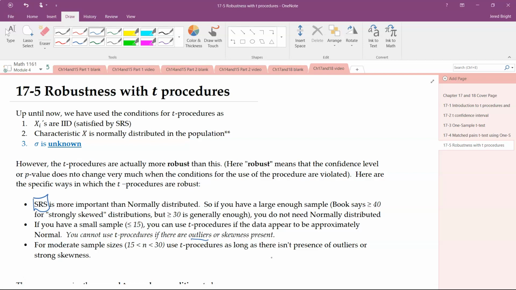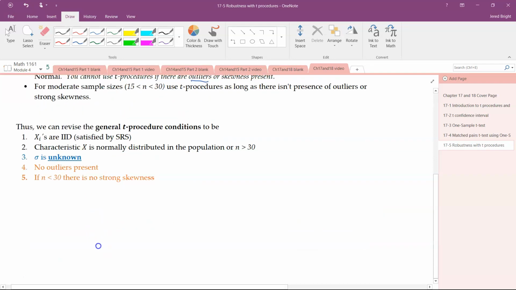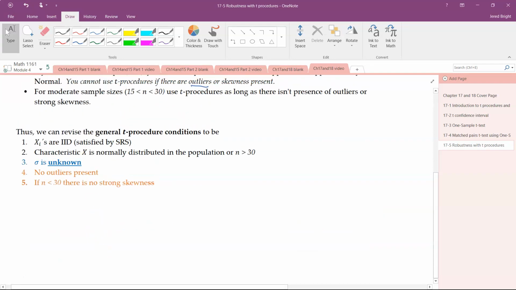So just as a general bucket of rules or conditions, for the T procedures we still have to have the SRS, we have to have sigma unknown, and then condition 2 here actually changes: normally distributed in the population or n is greater than 30. That's the benchmark that we're going to use.